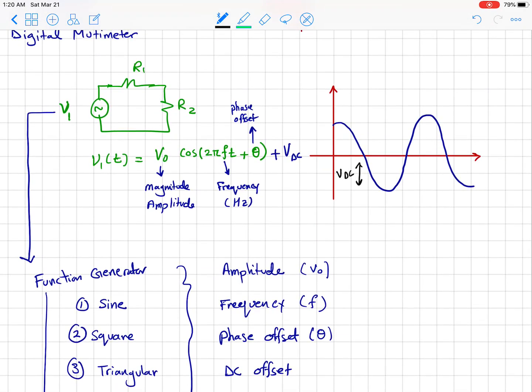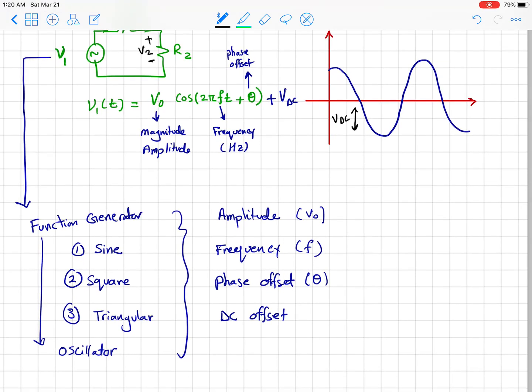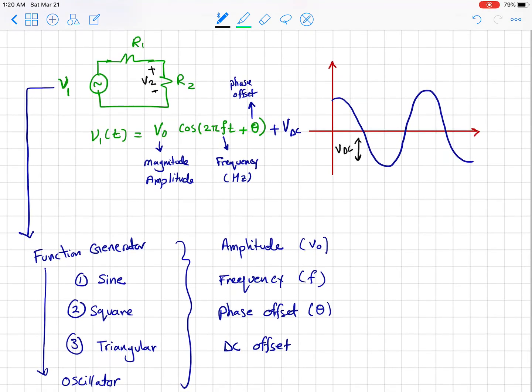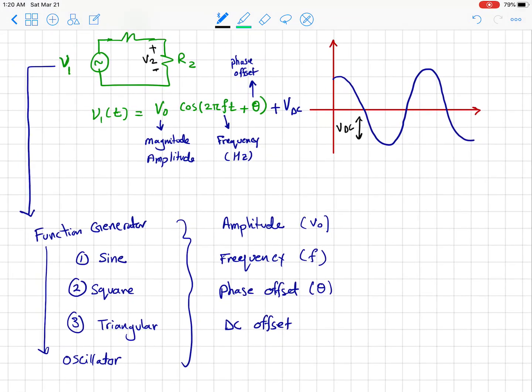Now, if we want to measure the voltage at any point in the circuit, say the voltage across this resistor, let me call it V2. Since the source is varying with respect to time, for example a sinusoid, then the voltage here must be a sinusoid. However, in this case, the magnitude of the voltage will be different.